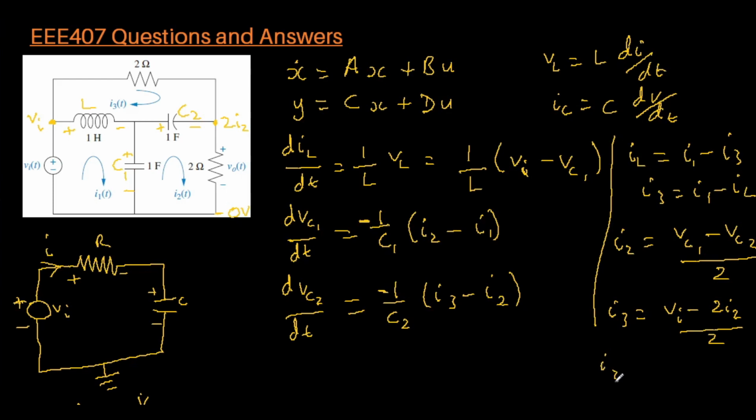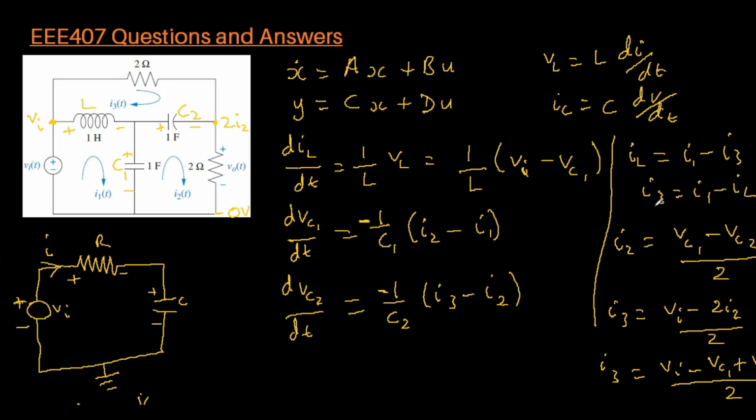So it means my I3 is equal to VI minus VC1 plus VC2, and that divided by 2. So that's our I3.